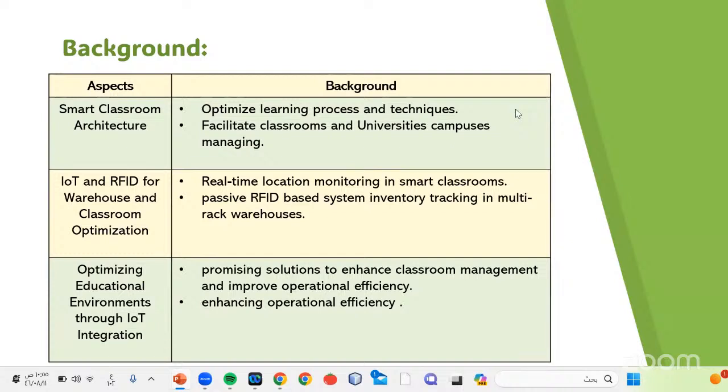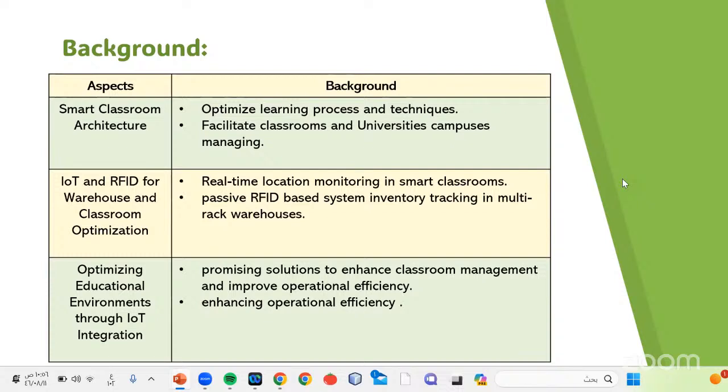IoT and radio frequency identification for warehouse and classroom optimization. Real-time location monitoring in the smart classroom, passive radio frequency identification based inventory and tracking system. Optimizing the educational environment through IoT integration is a promising solution to enhance classroom management and improve operational efficiency. This is the aspect we talk about in the research paper.